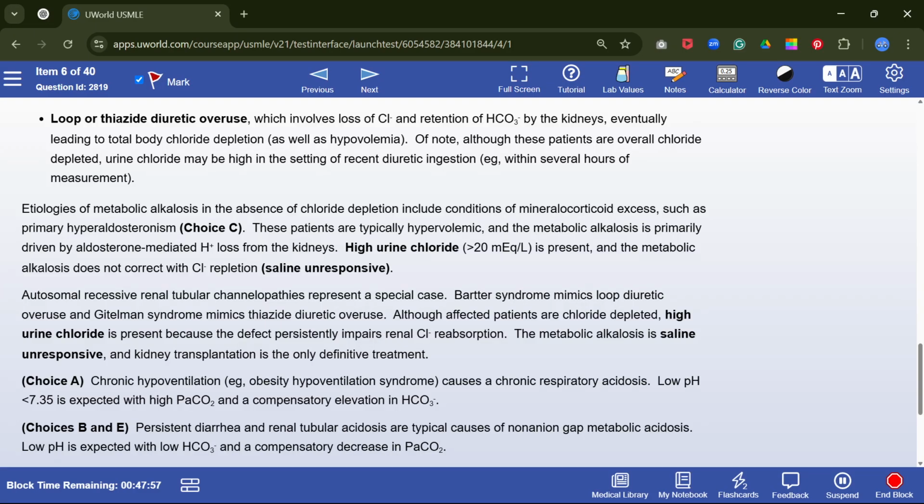I am explaining again. What does ACTH do? ACTH stimulates cortisol, and cortisol at a high level can have a mineralocorticoid effect. This leads to increased sodium reabsorption and potassium and hydrogen excretion, like aldosterone does. Got it?